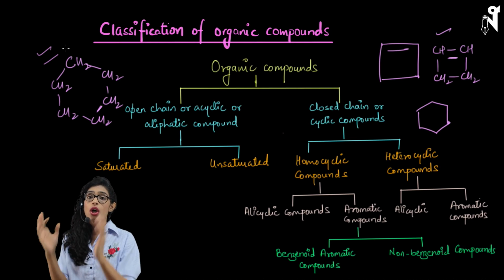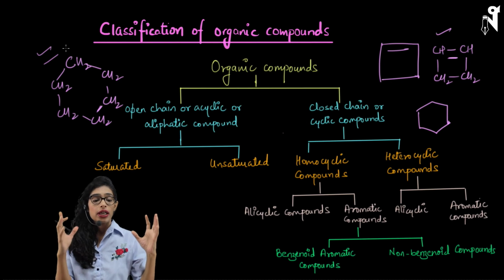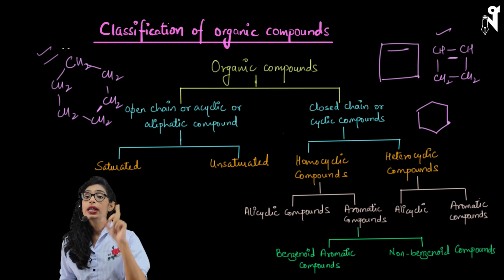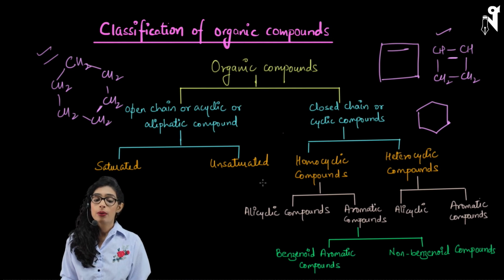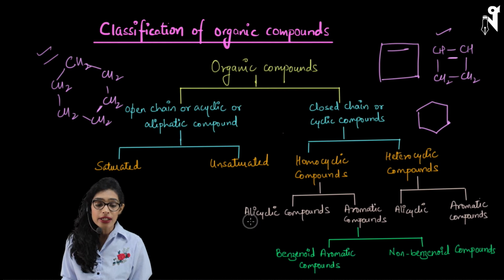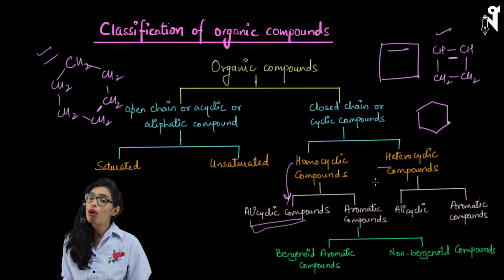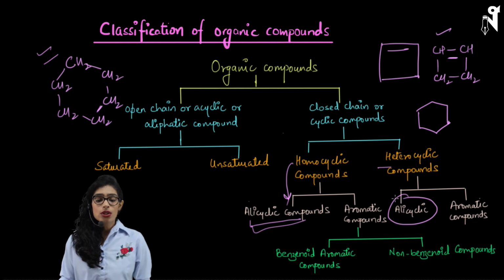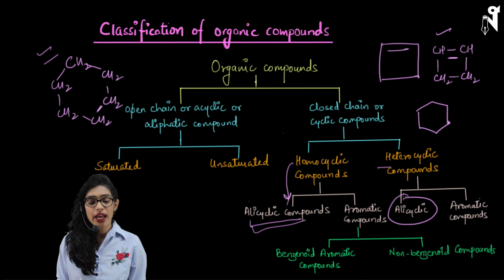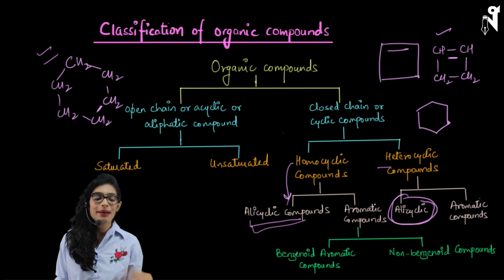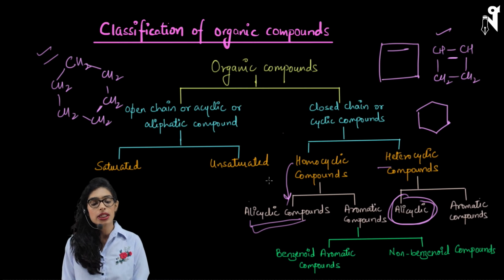Any compound which is not aromatic comes under the category of alicyclic compounds only if it is homocyclic. So the actual category is alicyclic homocyclic compounds, because the same categories are there in heterocyclic compounds also. Again, let's talk about the heterocyclic compounds, where we have the same categories, named the same way as in the homocyclic compounds.